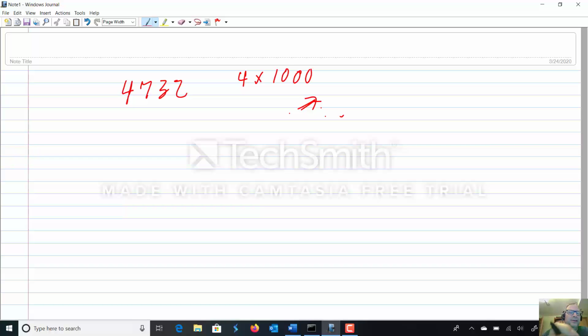And then it would be plus 7 times 100, because that's in the 100s column. And 32, that would be 3 times 10, which would be 30, plus 2 times 1, which would be in the ones column. So we have a ones column, a tens column, a hundreds column, and a thousands column.